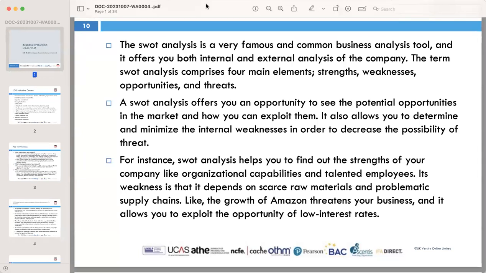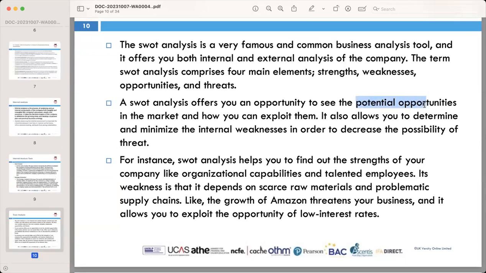It serves two key purposes. Number one is to identify potential opportunities in the market and how to leverage them. Then the next one is to determine and minimize threats, and address internal weaknesses in order to decrease the possibility of threats.